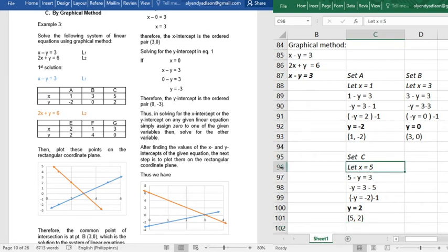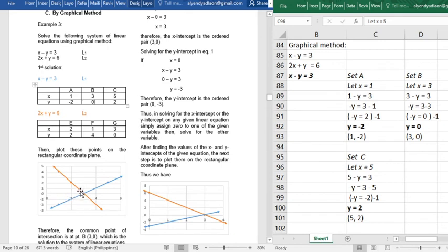Now for the first equation, as you can see here, we have x as 1 and y as negative 2. So there you can see the point. For set B, x is 3 and y is 0. So x is 3 here and y is 0.